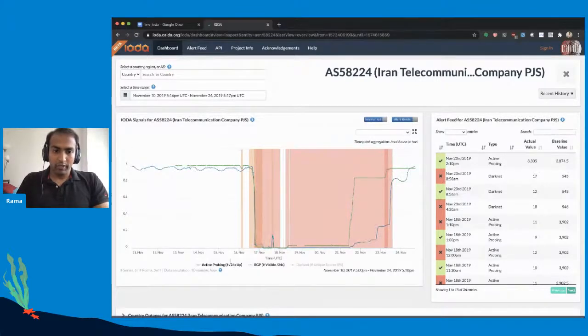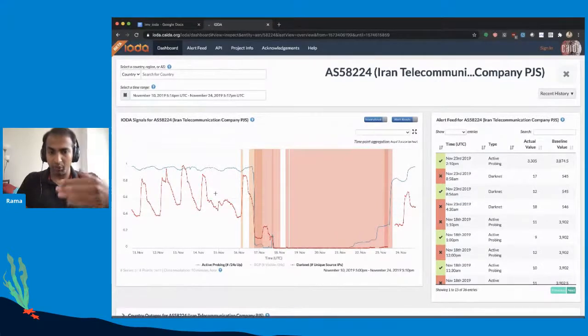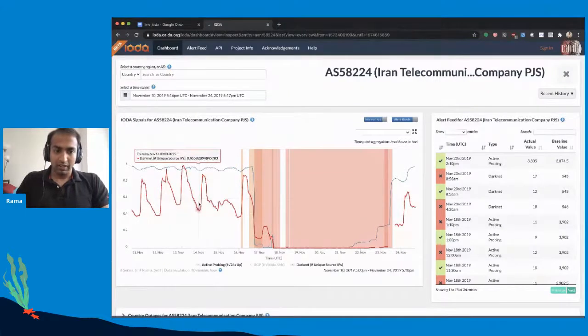Similarly, for active probing, the drop happens at the same time, and it's also very steep and sharp. And for Darknet also, there are some diurnal patterns as you would expect, since it's composed of actual user traffic, where as users sleep, the traffic reduces, and then as they wake up, it increases. But over here, there is a really steep fall that aligns with the other data sources as well.